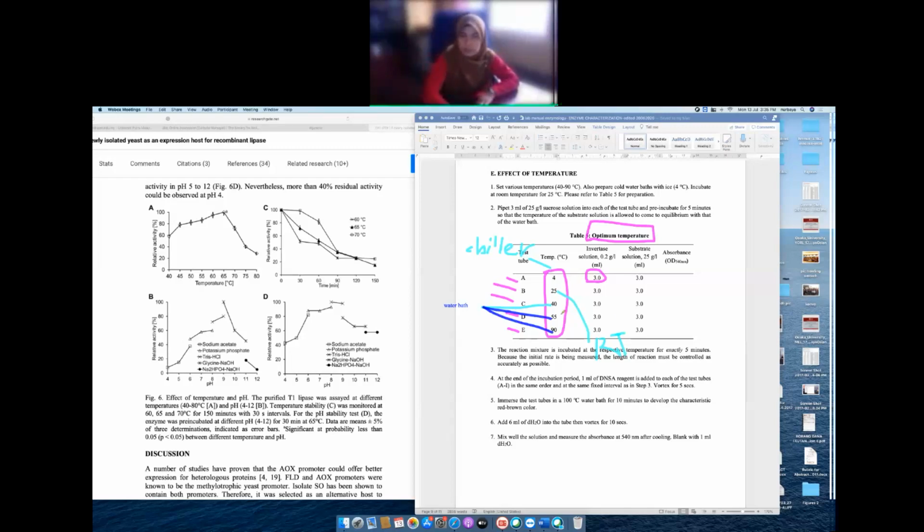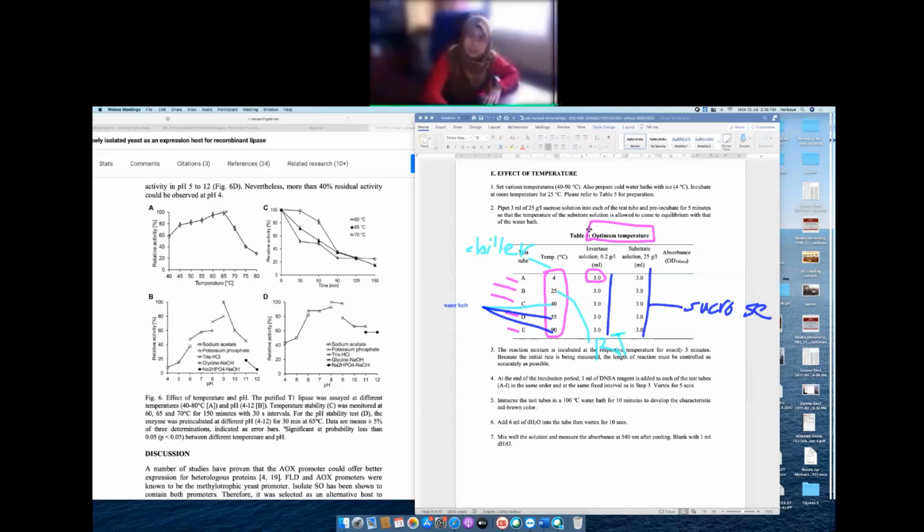So we have 4, 25, 40, 55 and 90 degrees. We set a similar enzyme amount, and the substrate we use is sucrose, because we have the answer that sucrose is the best substrate, so we maintain sucrose. Now we are going to investigate which temperature will give the highest activity.